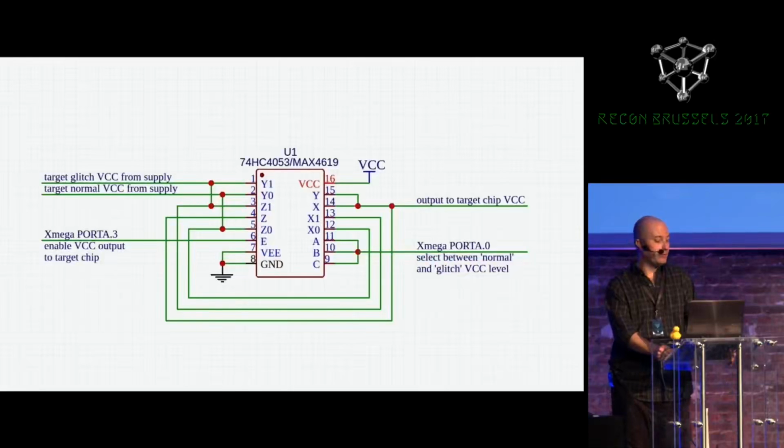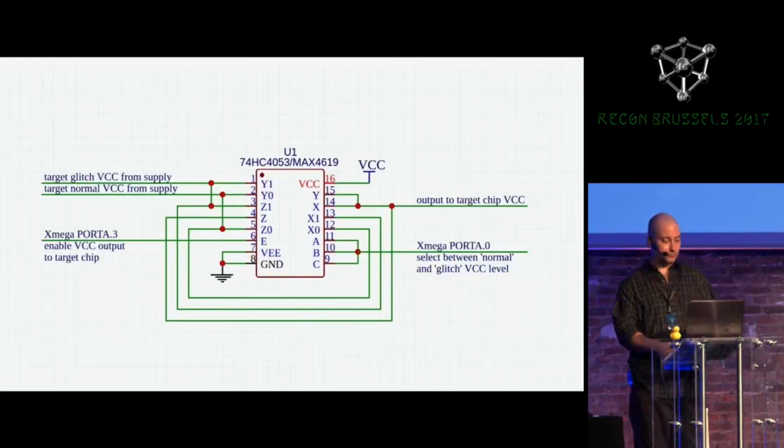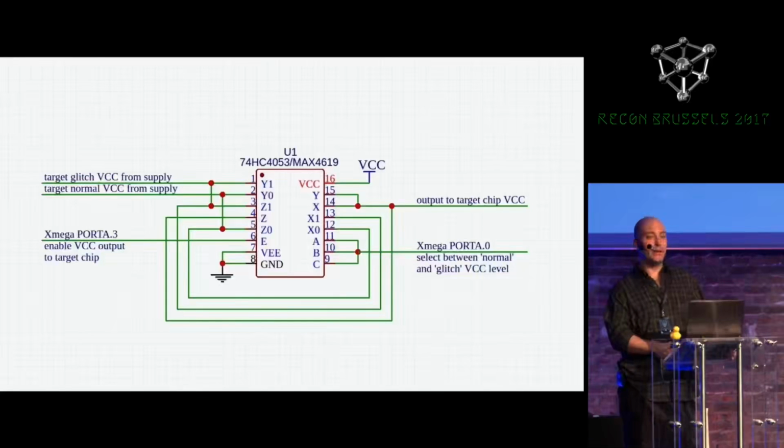So the inputs to X1, Y1, and Z1 are coming from my power supply, and those will be the glitch voltage level that I set, while input 0 is the normal power supply level that I set. And then the outputs X, Y, and Z are the output actually going to the target chip.